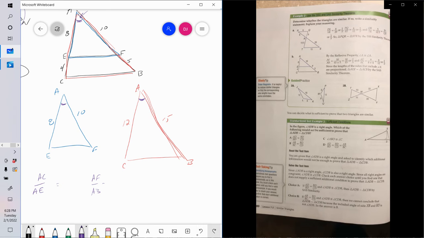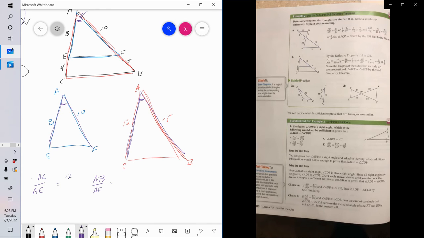Do you see what I did wrong here? AC is a side from the large triangle. AE is a side from the small. So this is large over small, red over blue. So in this ratio, since I did AC over AE for the first fraction, I should do AB over AF in the second.